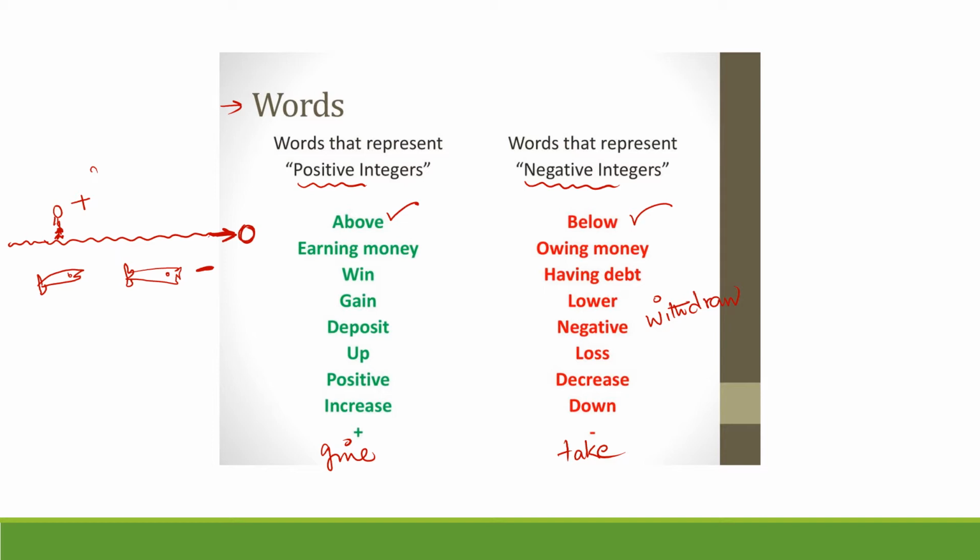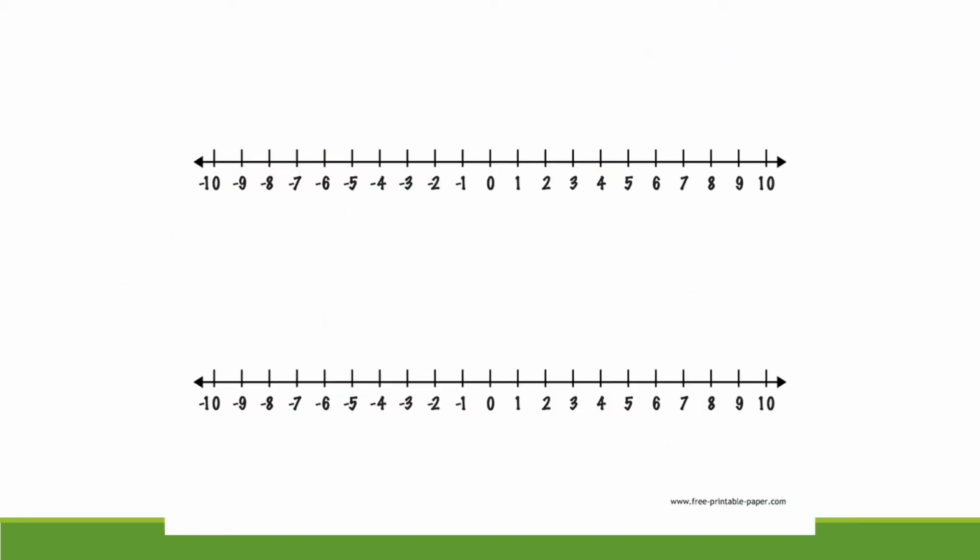So understand the concept of the words, what can be explained by the positive numbers and what can be explained by the negative numbers. And we will not say just numbers right now, we are studying about the integers. Now look at the number line.